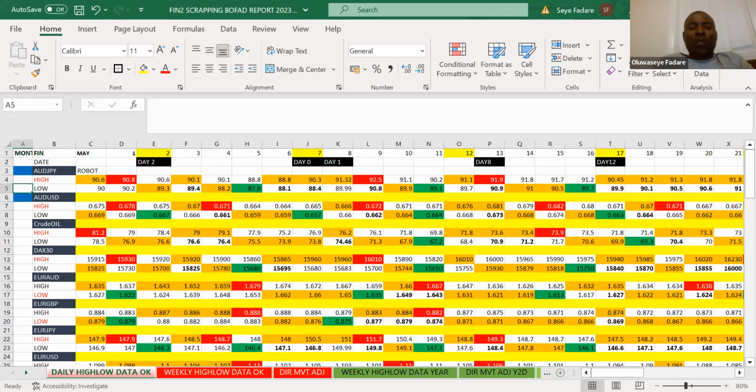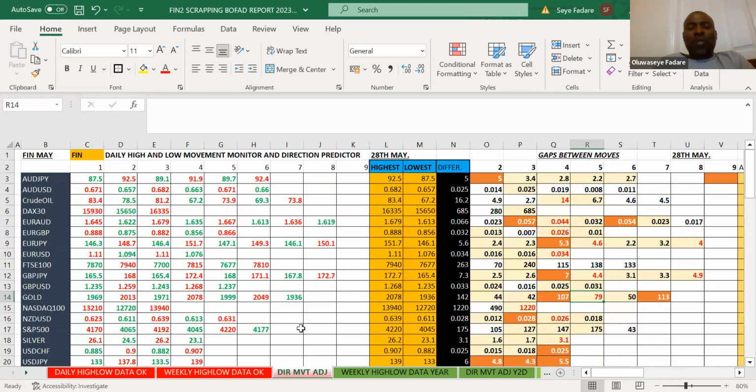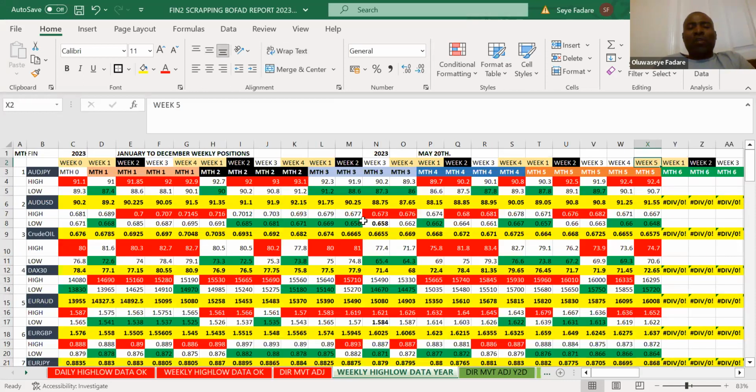From there, we get our weekly high and low, and from there, we get our direction, which is the change between the green and the red at the extremes for that period.